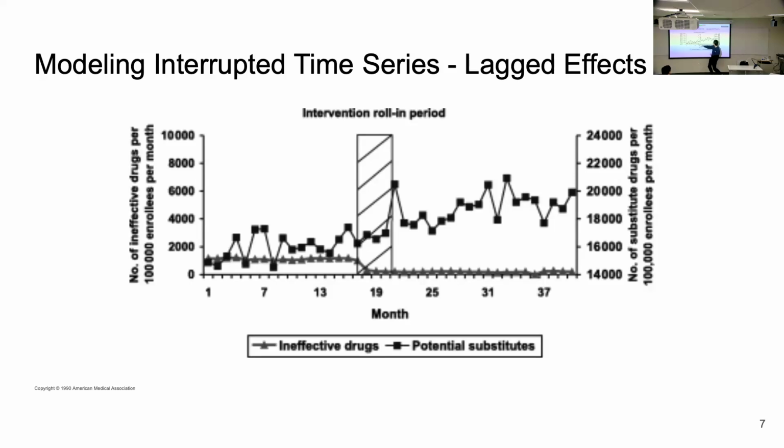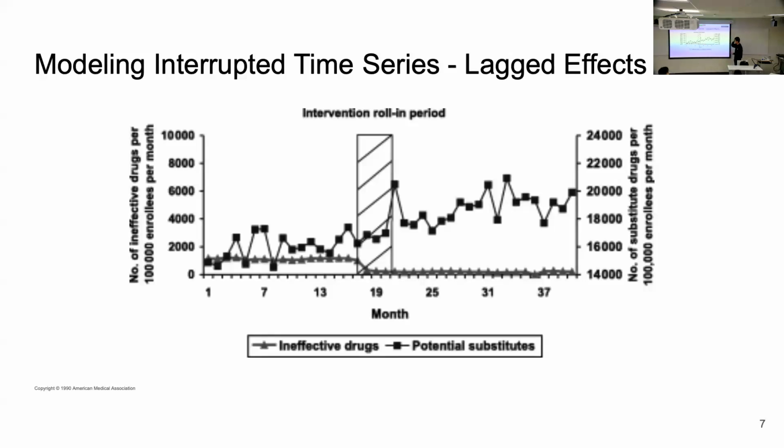We see that this bottom line, which is the number of ineffective drugs sold, goes to zero immediately because it was taken off the market. We see that the substitute actually remained in the range of the model before the intervention for a couple of months before it shot up, and then the later model is probably different than before the intervention.